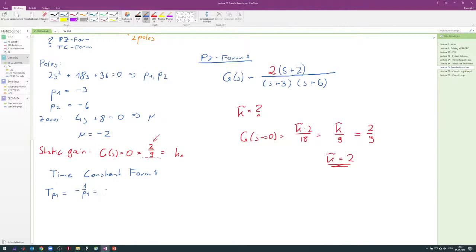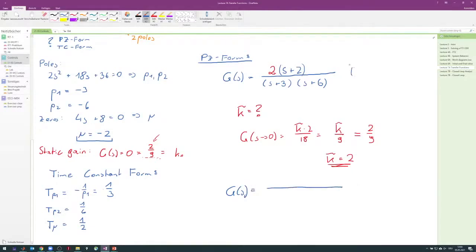The negative inverse of minus 3 is 1 over 3. For the second pole, it's going to be 1 over 6. And this time, we also have a zero here, right? And the time constant for the zero is going to be 1 over 2.